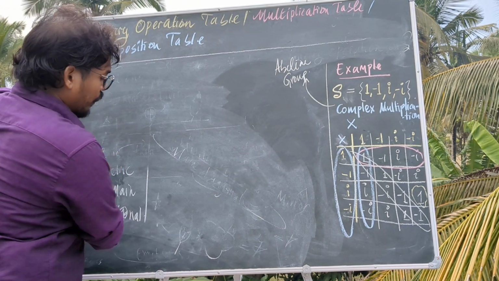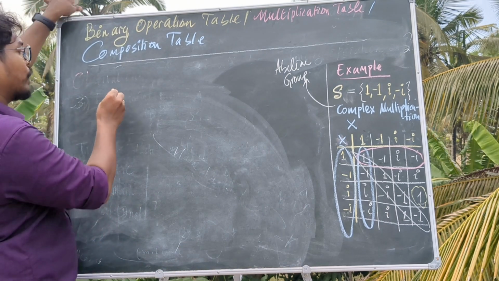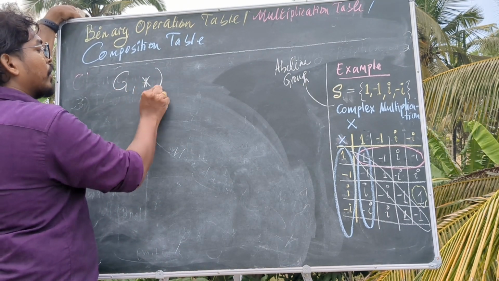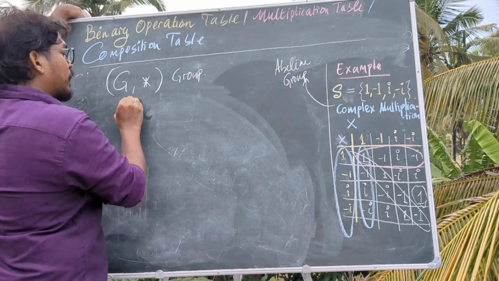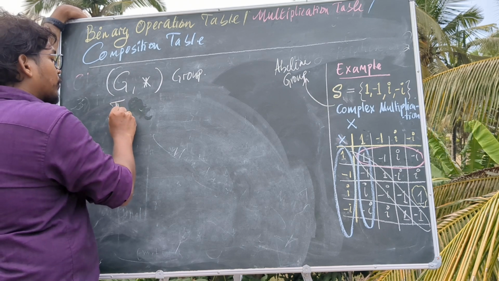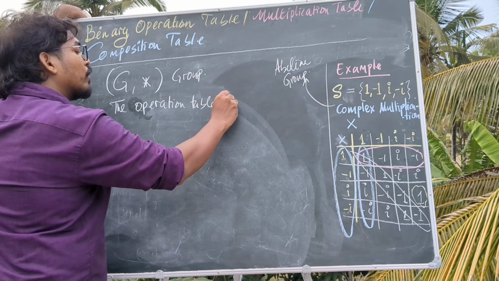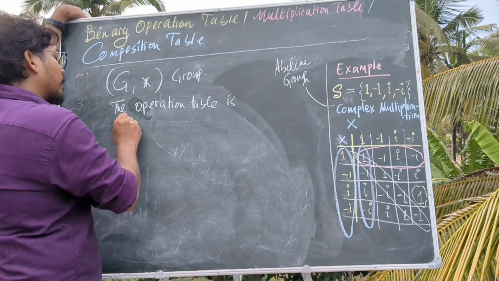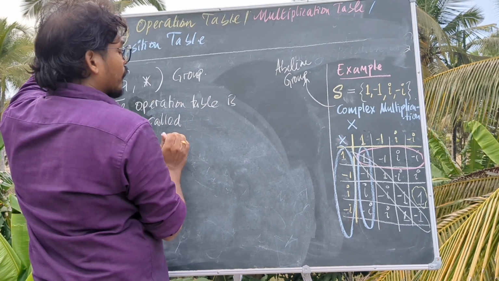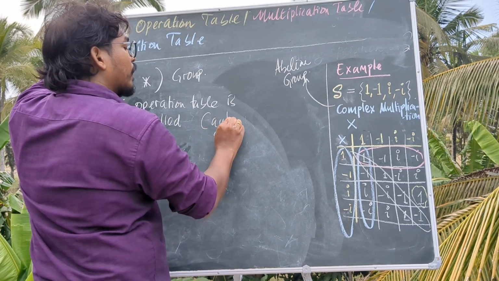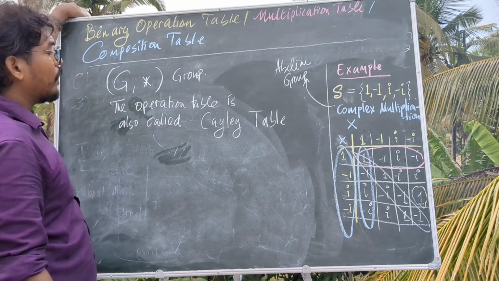And when we are creating the operation table of a group, suppose G is a group under binary operation star, it is given that it is a group, then the operation table that I will get is also called the Cayley table, in honor of mathematician Arthur Cayley.